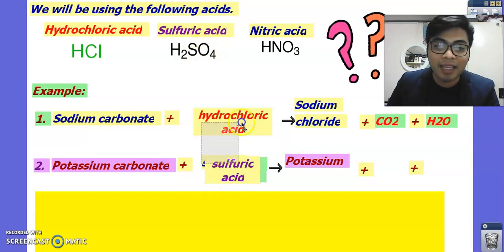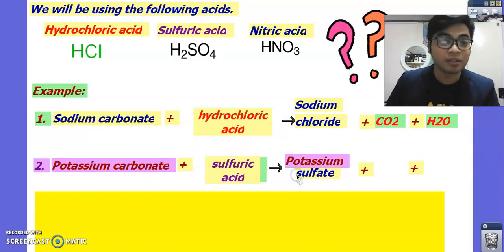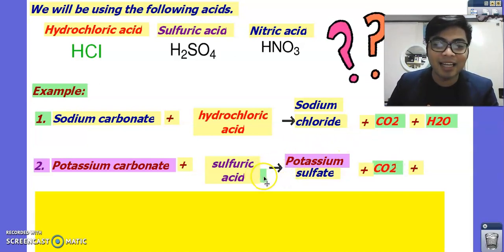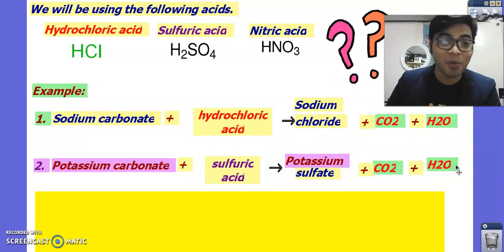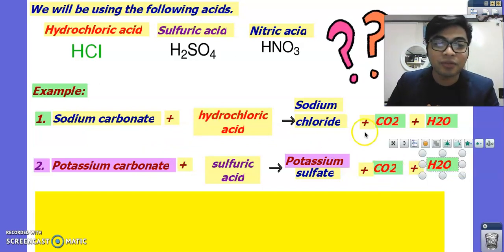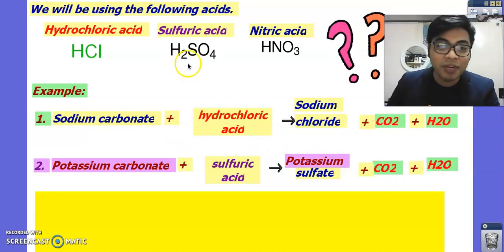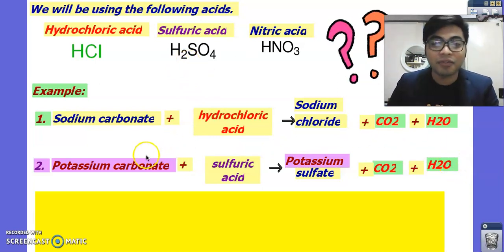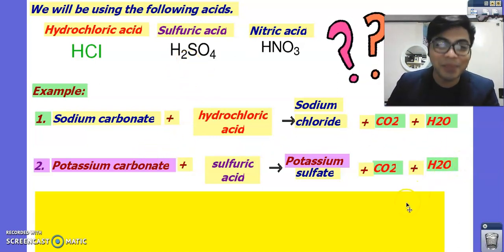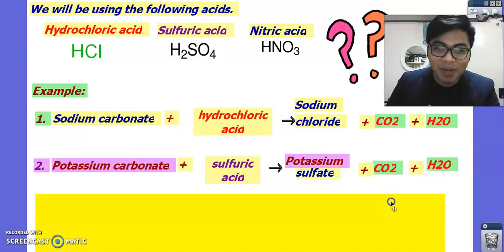So we will be writing here sulfate. So our next product here is potassium sulfate. And of course, plus carbon dioxide plus water. So we get the carbon dioxide from the carbonate, we get the H2O, the H from the H in the sulfuric acid, and oxygen from the carbonate. As simple as that.